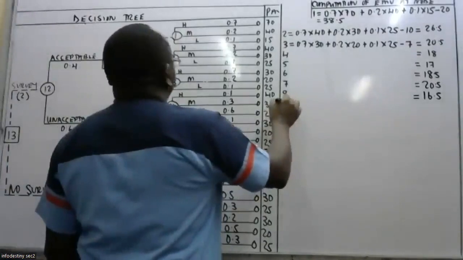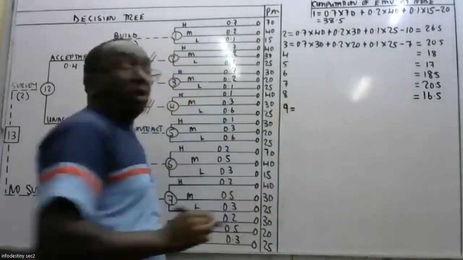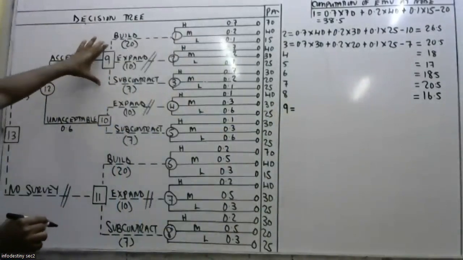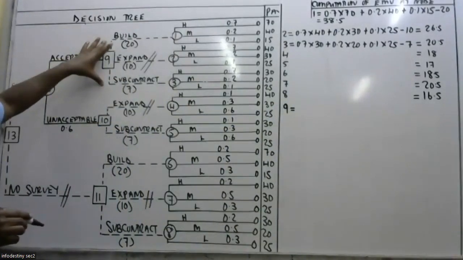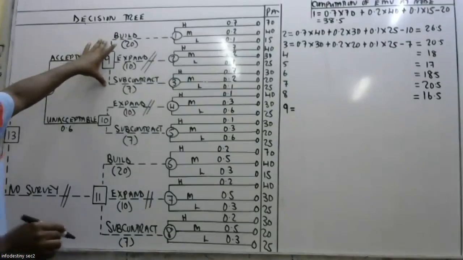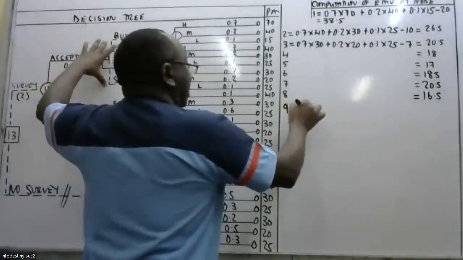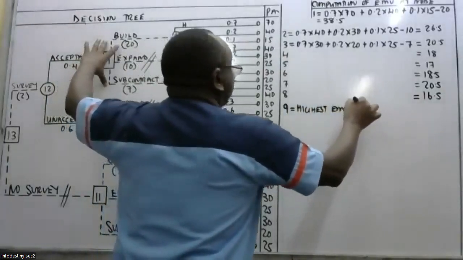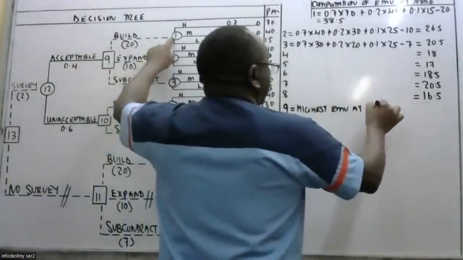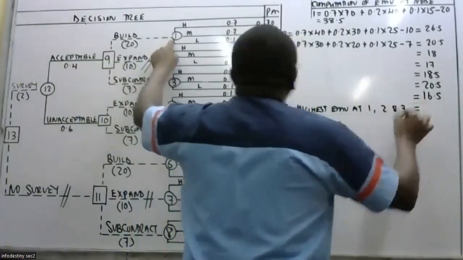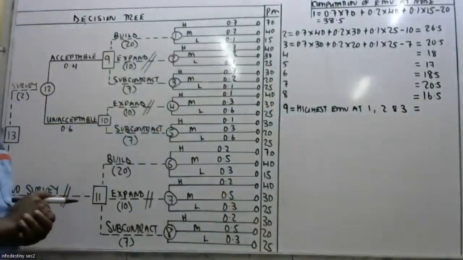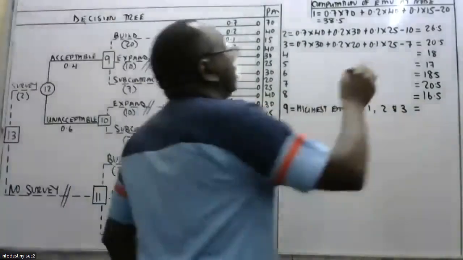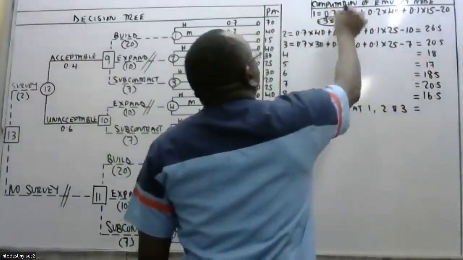Let's go to number 9. Now, when you look at number 9 here, you can see the lines going out. They are incomplete. So if the lines are incomplete, what we do is select the highest EMV at where those lines are going: 1, 2, and 3. In 1, 2, 3, the highest is this one, 38.